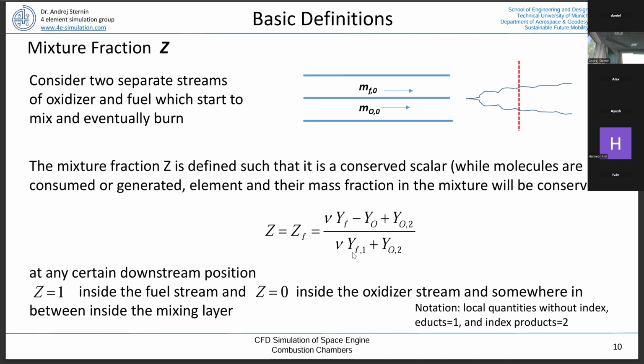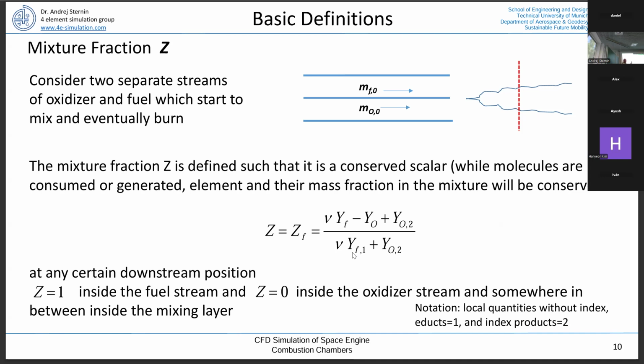So we try to relate incoming to outgoing, and then have a definition of the mass fractions of fuel minus the oxidizer, basically the remaining oxidizer. Here we have the mass fraction of fuel incoming and the mass fraction of oxidizer which is leaving. So that's how we define the mixture fraction.